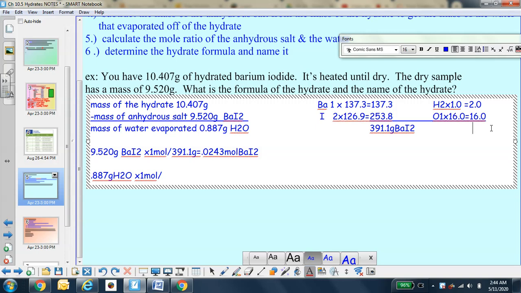And this adds up to 18.0 grams water for the molar mass. Okay, and that's the number we're going to divide by. So when we put this into our calculator, we get 0.0493 moles of water.